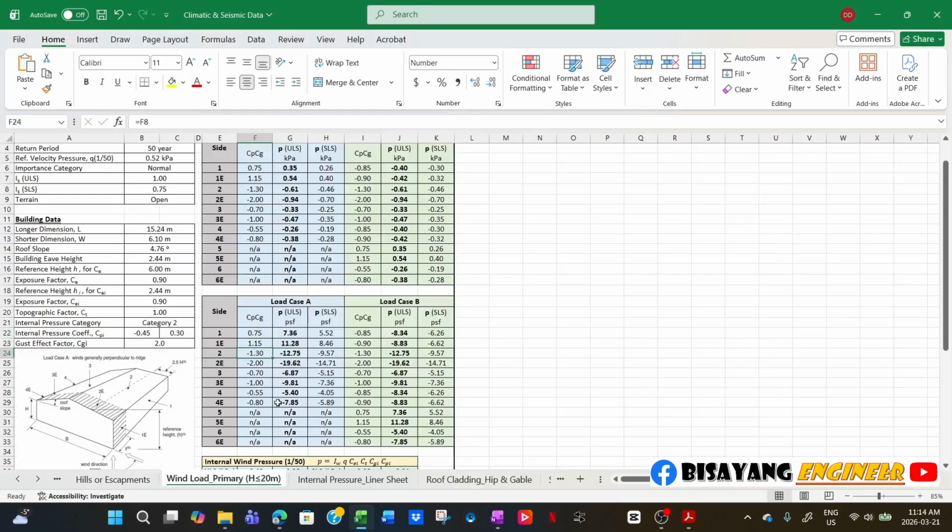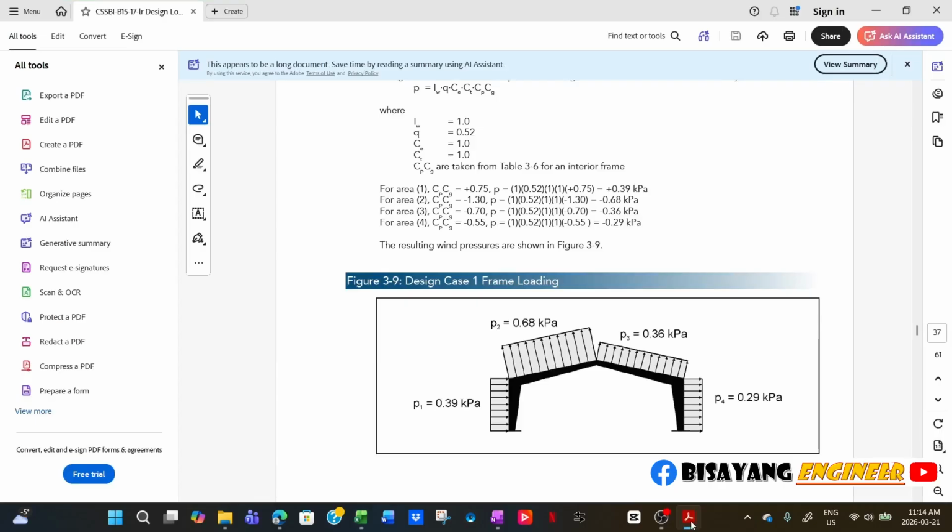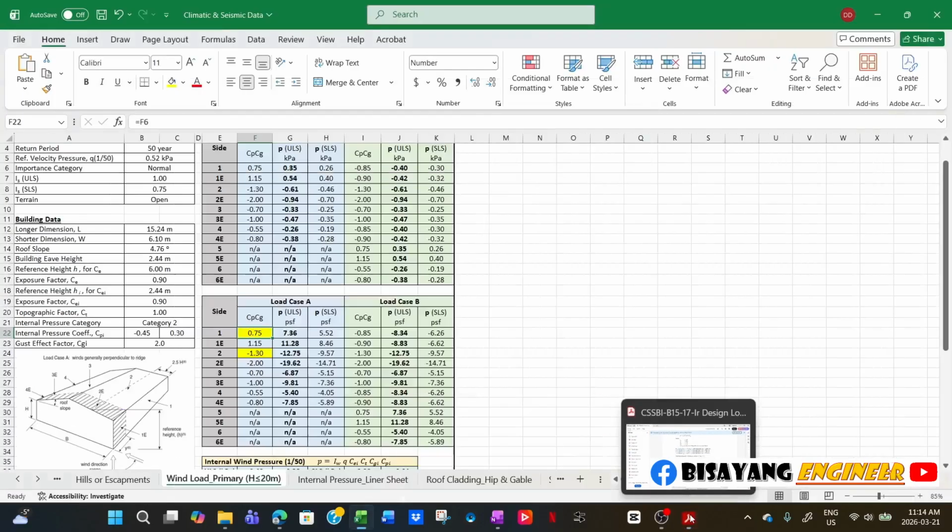This one, area 2 is negative 1.3. Let's highlight that one. And then CpCg for area 3 is negative 0.7. This one, negative 0.7.